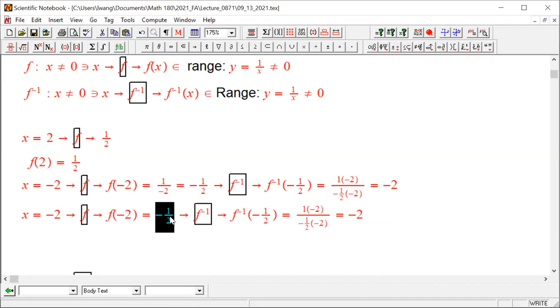And -12 serves as the input, we give it to F inverse, and F inverse produces an output, and this is -2. And this -2 is exactly the same as this -2.